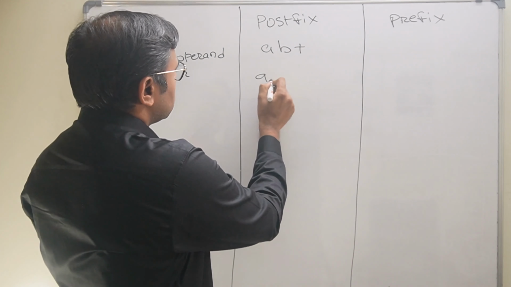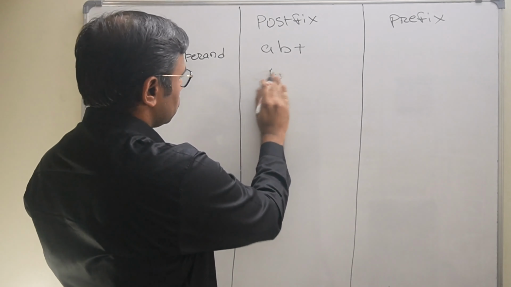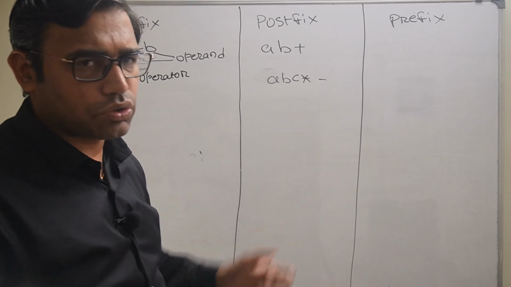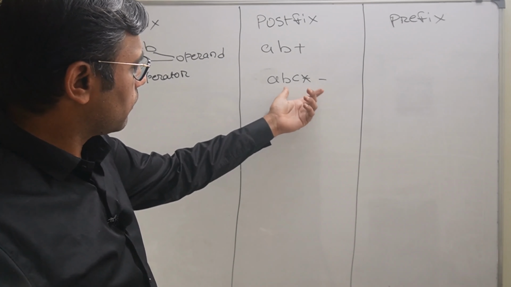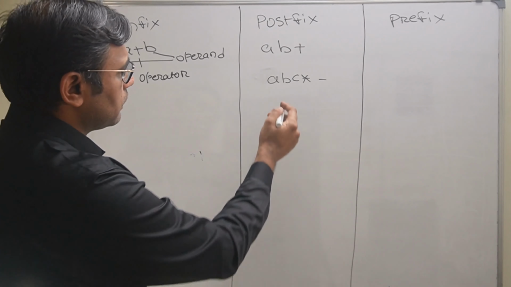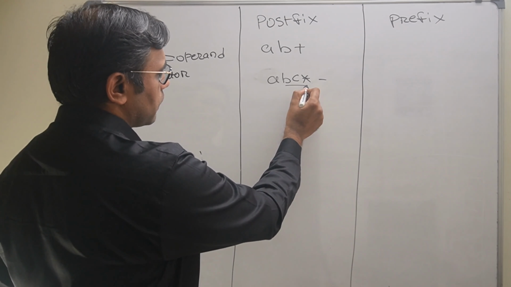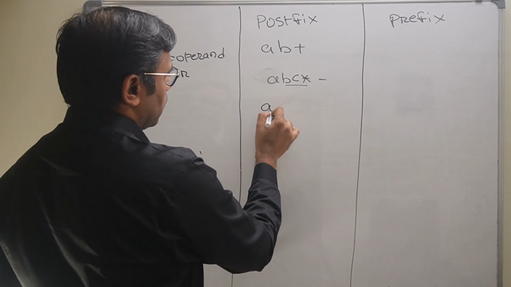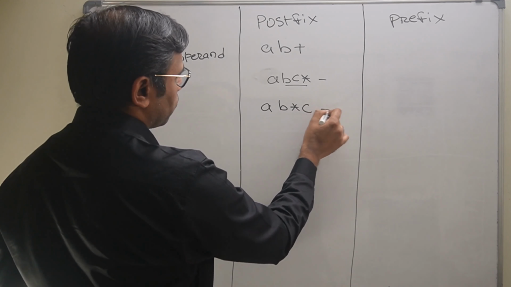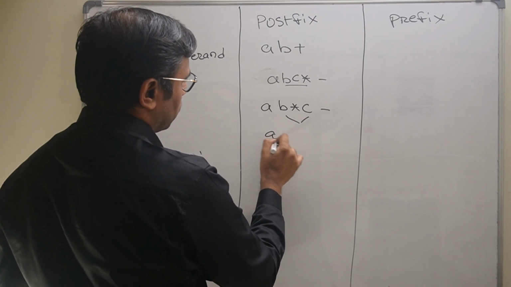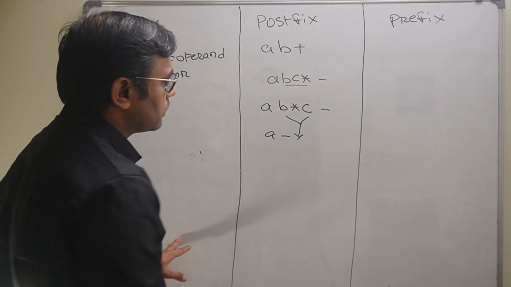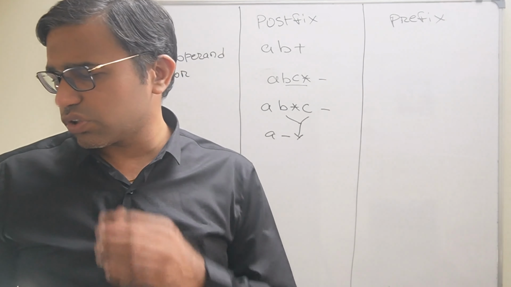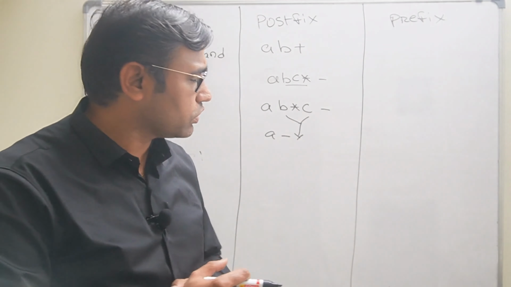If you write a b c star minus, there is no need to remember the precedence and associativity. The answer is very simple. First of all, b star c is calculated, and then the answer will be combined, so it will be a, b c star, minus. The answer will then be combined with this resultant. This is how postfix notation is evaluated. Postfix notation is also called reverse Polish notation.